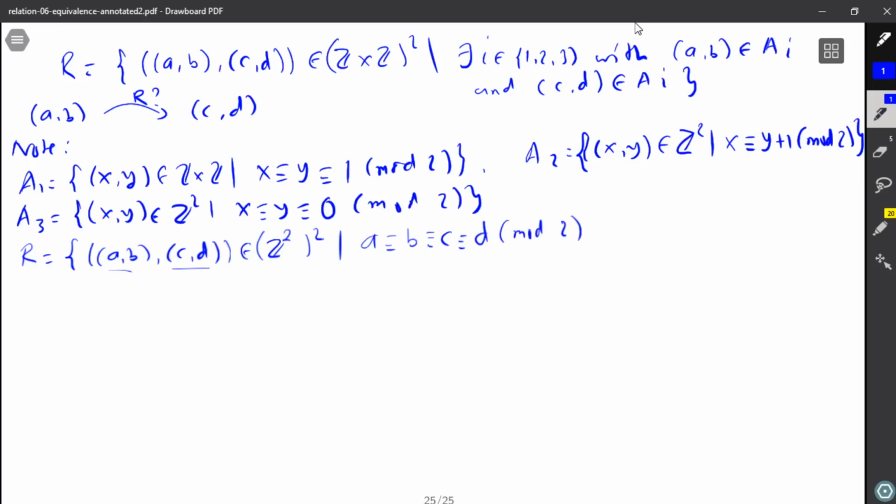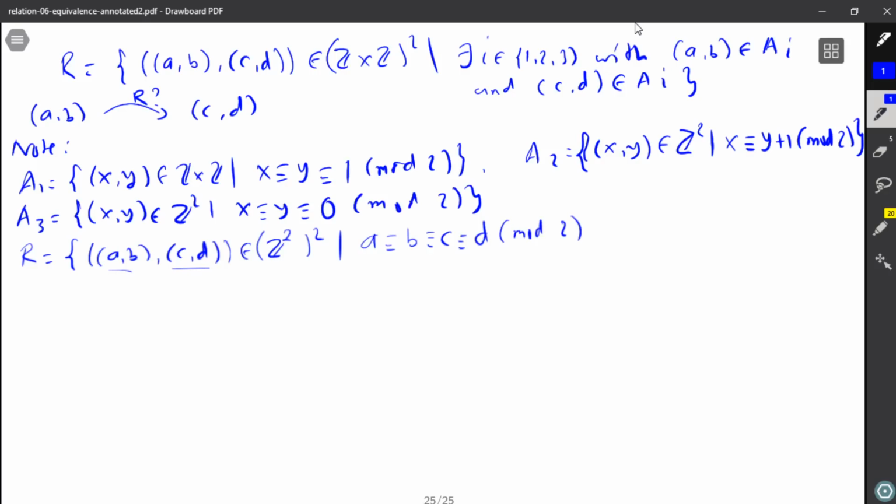If a is congruent to b, congruent to c, congruent to d, and they are congruent to 0 modulo 2, then both pairs (a, b) and (c, d) would belong to A3. Now, how about A2?